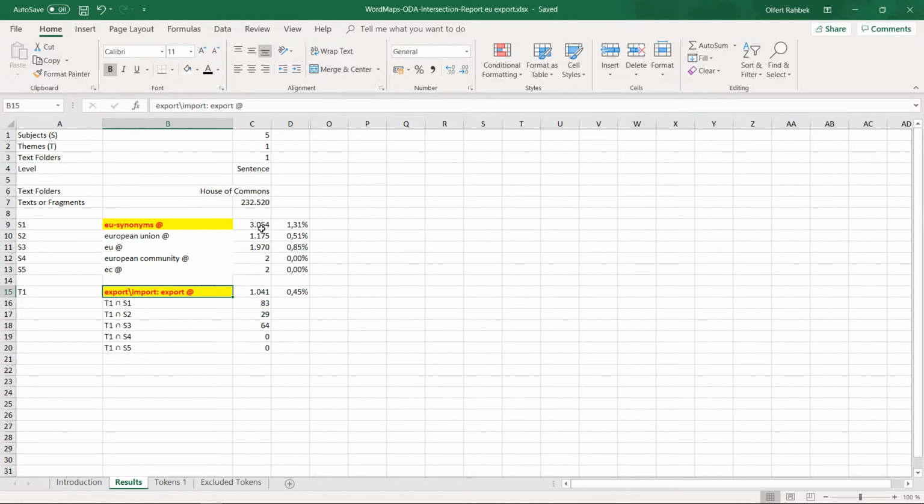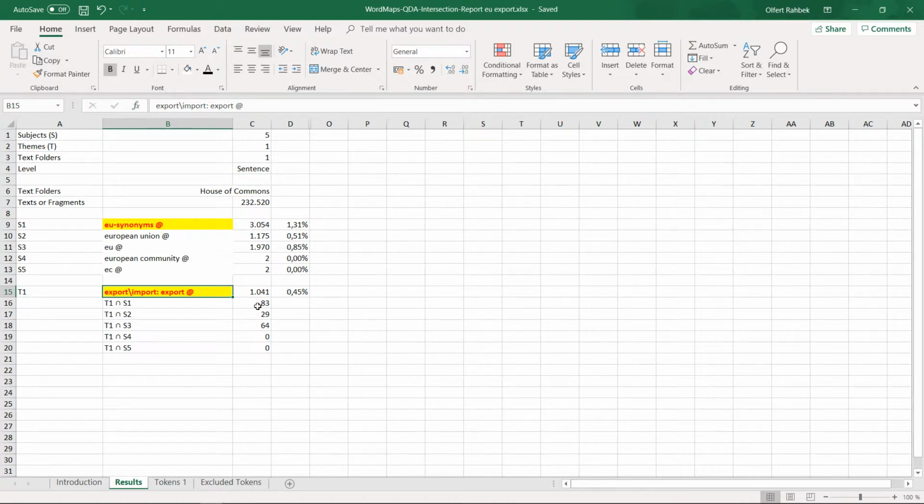So we should expect that since we have something that is a little bit more frequent than 1% and something that is about 0.5%, that we would get approximately 1% times 1% occurrences down here.